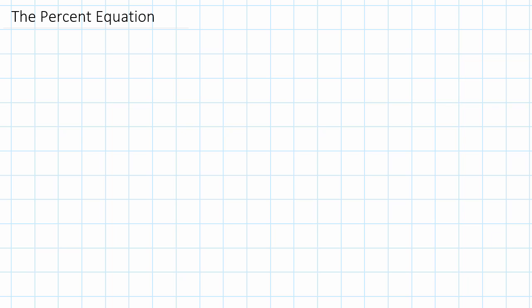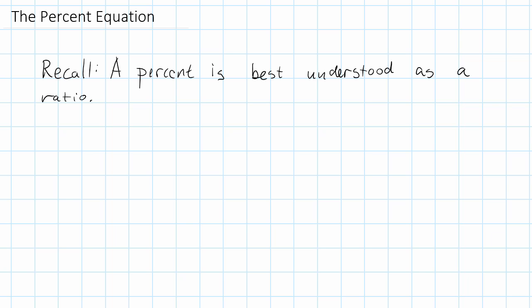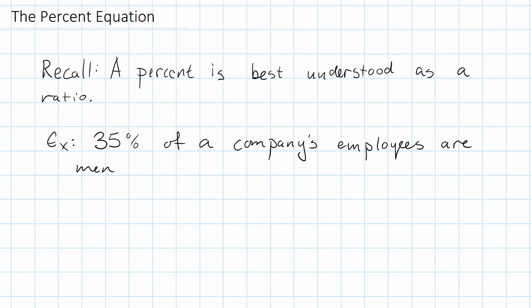When we're working with percents, it's important to remember that a percent is best understood as a ratio. So, for example, when we say 35% of a company's employees are men, this percent of introduces the quantity called the base.